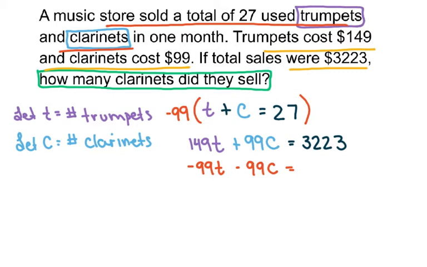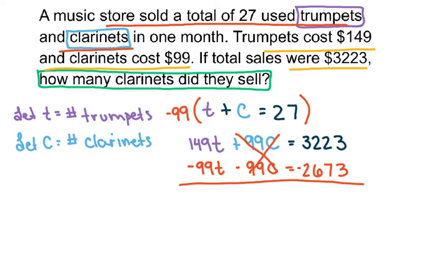So you're going to find when we start solving systems of equations, we're probably going to start getting much larger numbers, so it's good to have a calculator handy. So when we multiply that, we're going to get negative 2,673. So now I have what I need to eliminate the clarinets here. It may have been a smarter move to eliminate the trumpets, so I could answer the questions right away, but I'm purposely doing it this way just so you can see the difference.